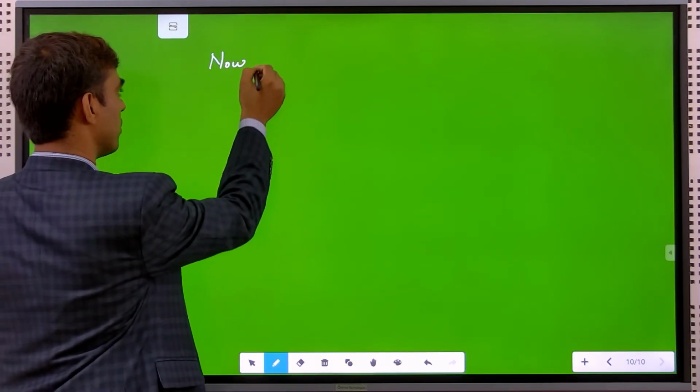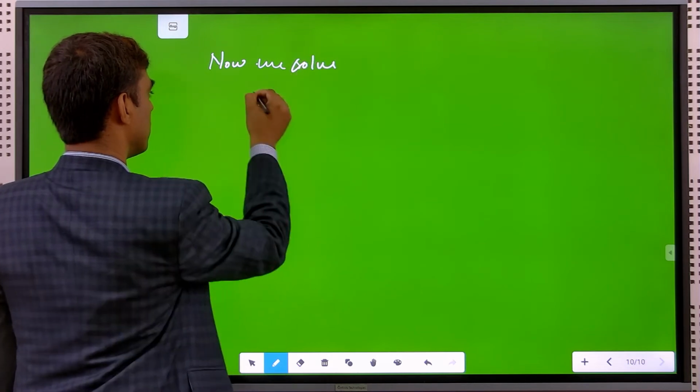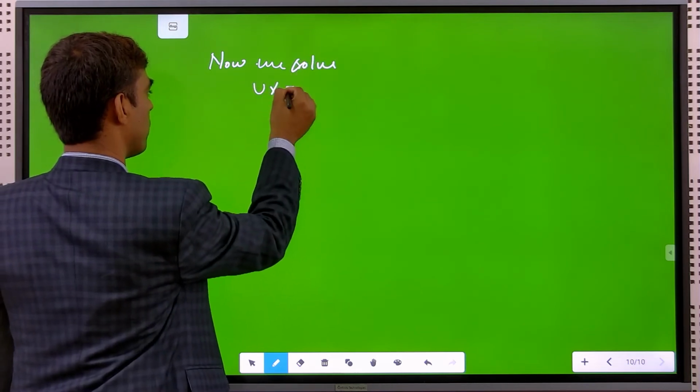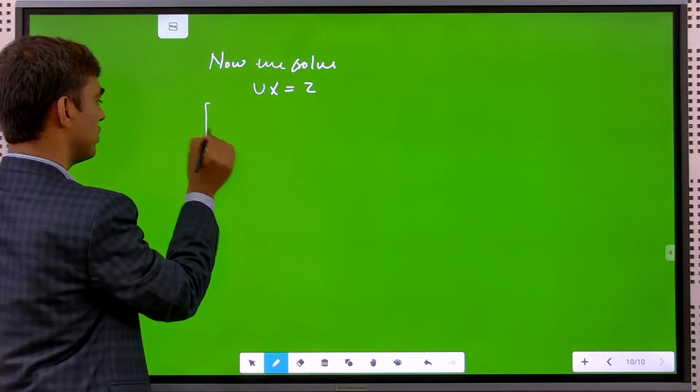Now we solve Ux equals Z. What are the values of U? Here we write the values of U again.